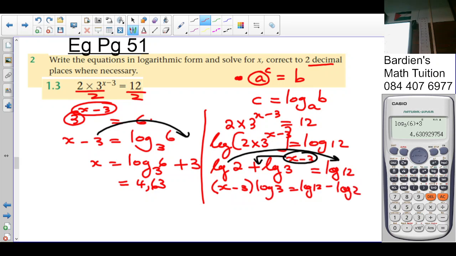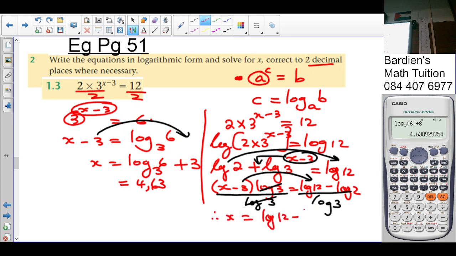How do we get rid of the log? Divide by log 3 both sides. That's gone. And I take that negative 3 over afterwards. So therefore x is equal to log 12 minus log 2 over log 3 plus 3.